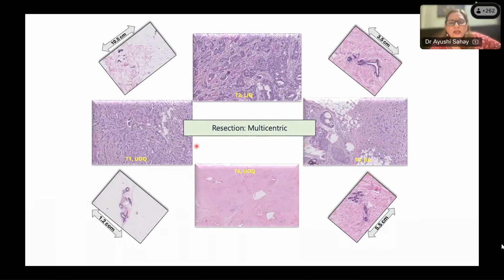So these distances were given along, making a nice map for me to identify, and we were able to see that the intervening parenchyma between all these tumors was free. So accordingly, this tumor was staged as a multicentric tumor, with the dimension of the largest tumor as the pT size.